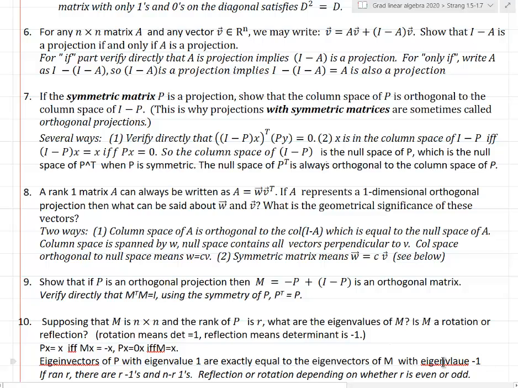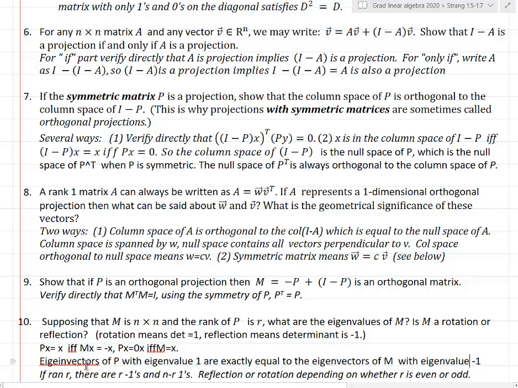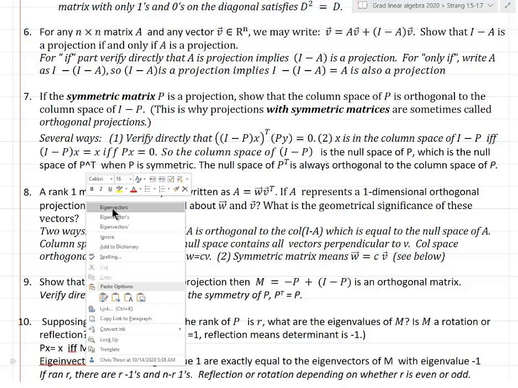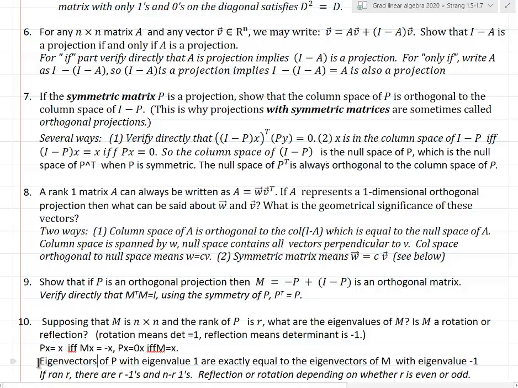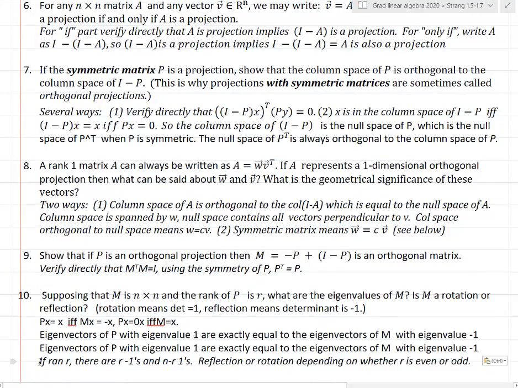And then we also have the same statement, but this time with eigenvectors of P with eigenvalue 0 are exactly the eigenvectors of M with eigenvalue 1. So we have the 0 and 1 mapping to 1 and minus 1 respectively.